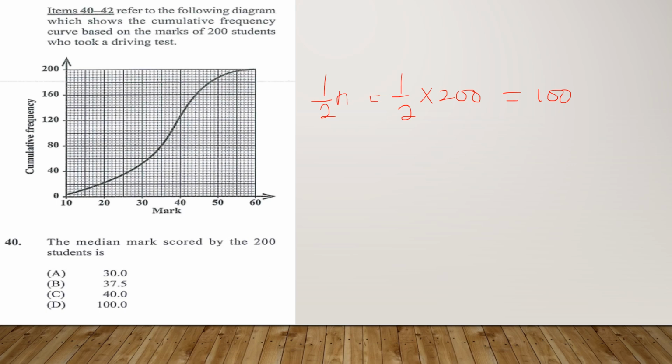So 0 to 40, that means here is 20. 40 to 80, that's 120. In the middle here is going to be 60. So if we want to get 100, 80 and 120 is 200, so 100 is here. So we're going to draw a line, and then we're going to take that line and come down on the x-axis.